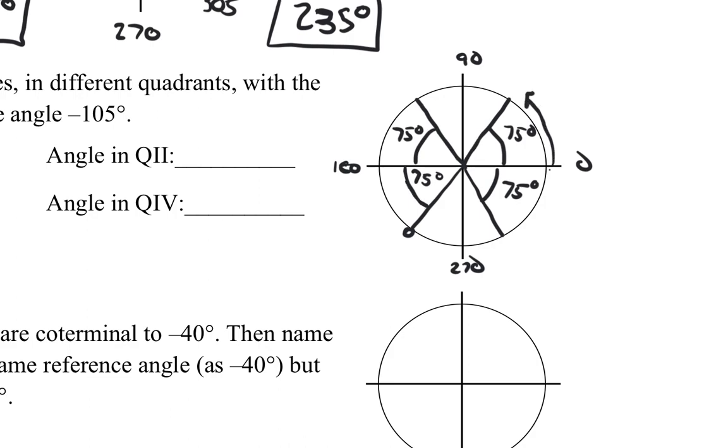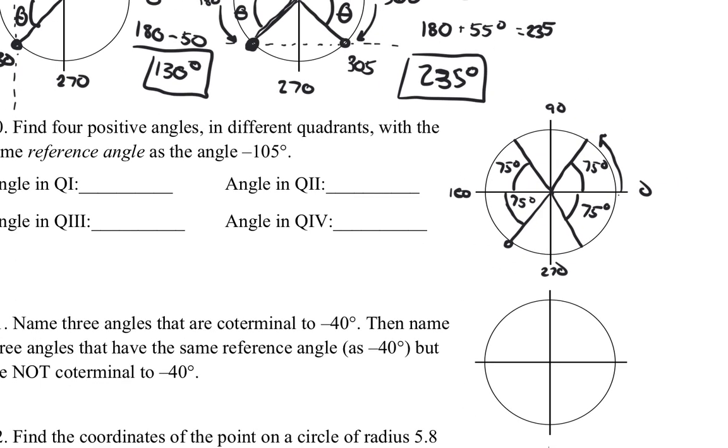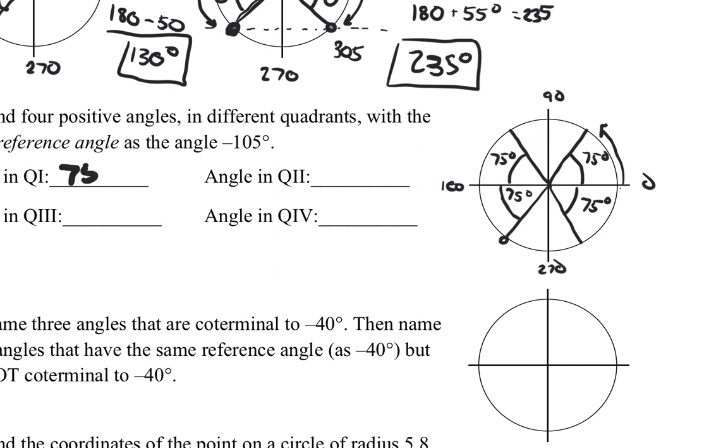So 0 plus 75 is 75. So this is just 75 degrees. Let me write that smaller. Okay.